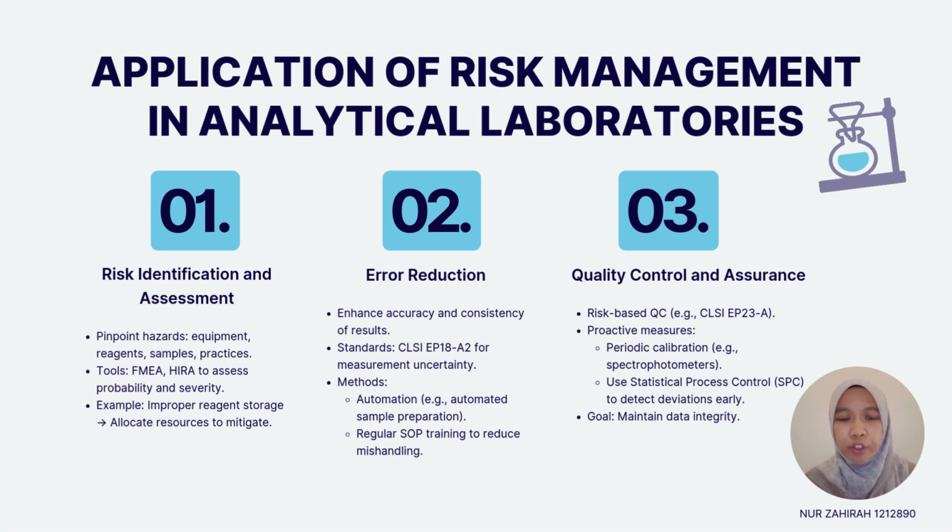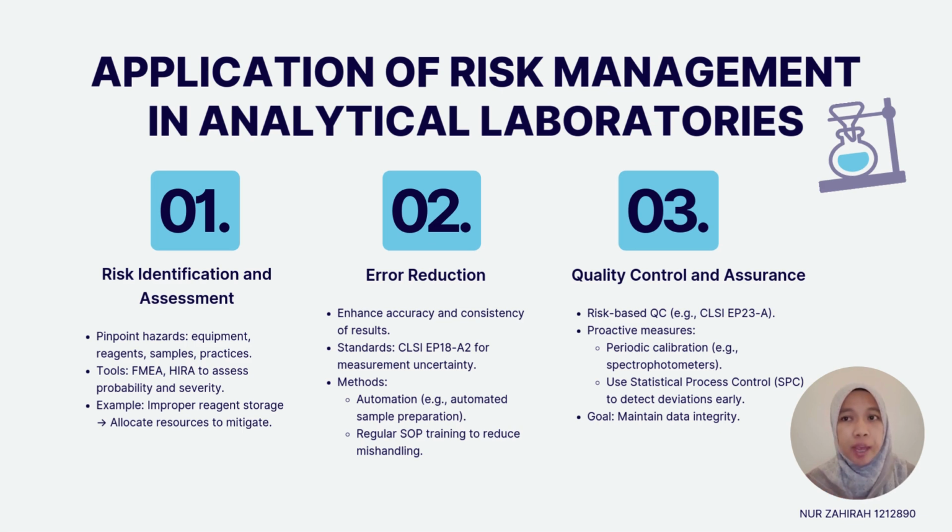Now, we move to the next subtopic, which is the application of risk management in analytical laboratories. The first crucial aspect of risk management is risk identification and assessment, where laboratories pinpoint potential hazard related to equipment, sample, reagent, and personal practice.